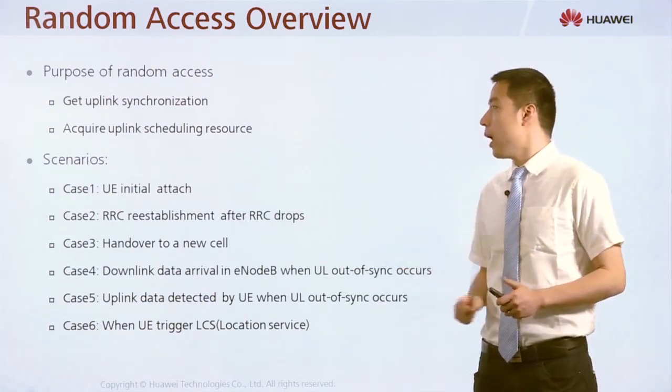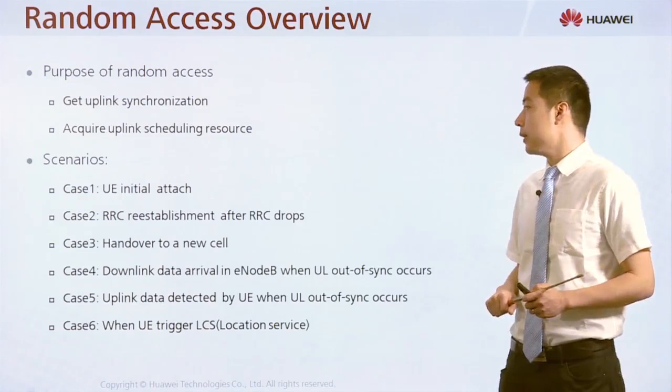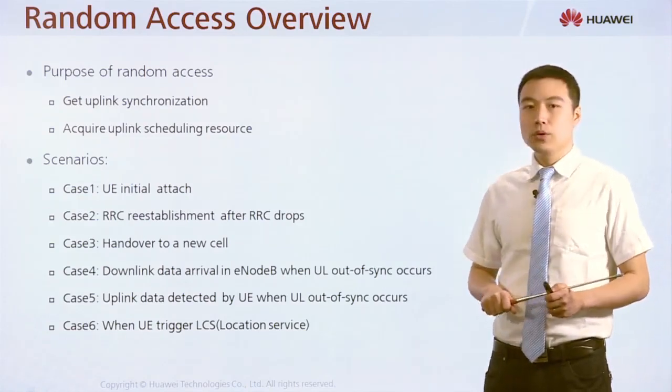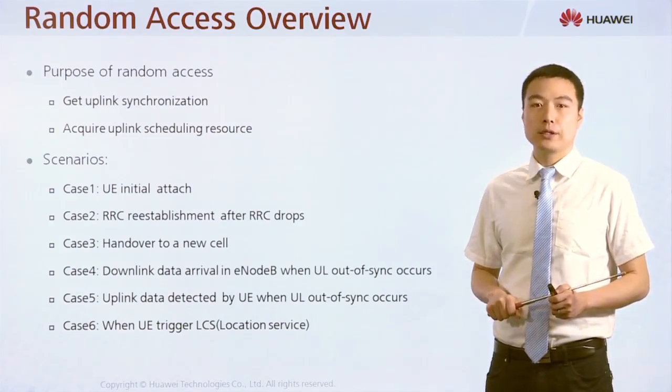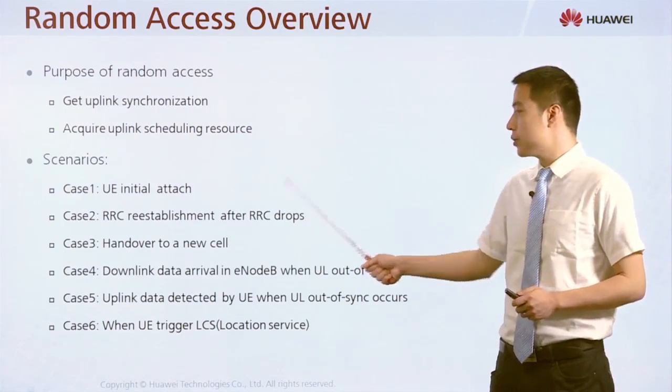Case 2, RRC re-establishment after RRC drops. UE already had a connection with the network, but the connection failed. For some reason, UE will try to reconnect with the network, re-establish an RRC connection. This is case 2.